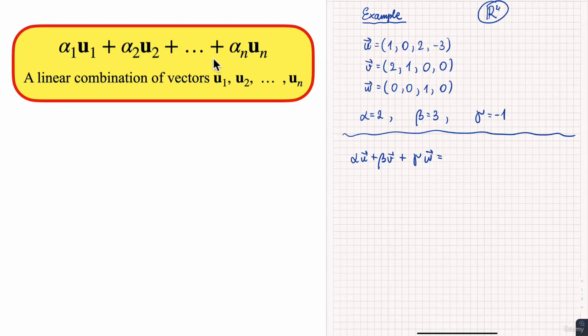I have prepared three vectors, u, v, and w, and these are vectors in R4. How do I see this? Well, all those vectors have 1, 2, 3, 4 coordinates. So this is how I see that they are elements of R4.